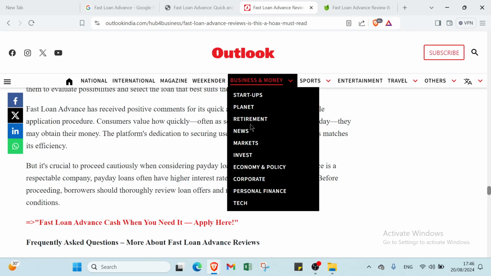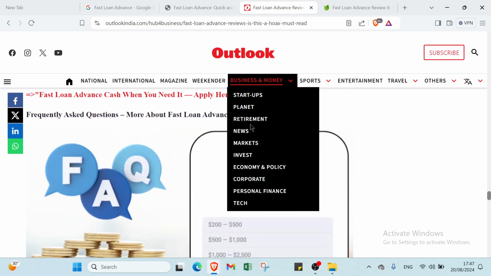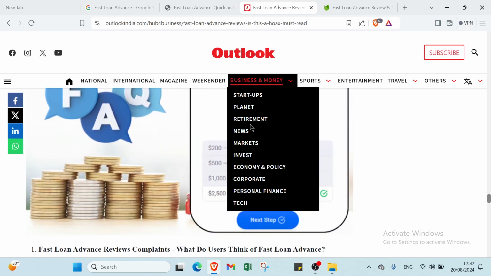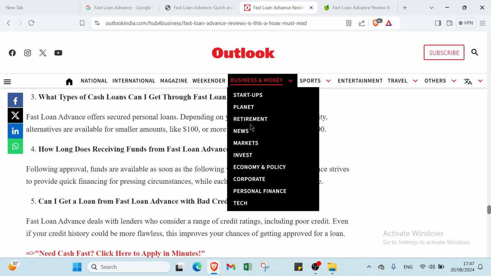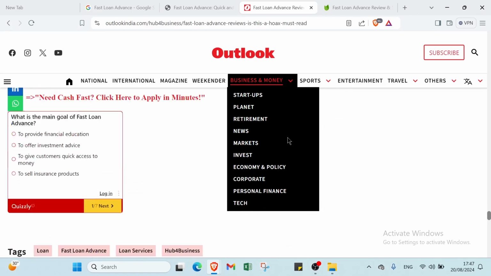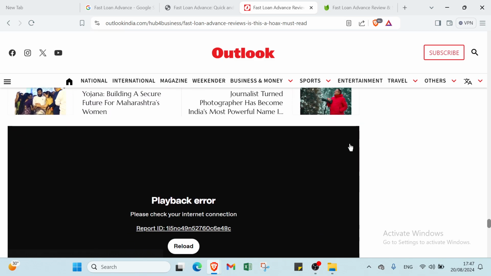Then we have convenience. Funds are typically deposited directly into your bank account, making it easy to access and use the money. Then we have credit building opportunities. If you make timely payments, it can positively impact your credit score, demonstrating responsible borrowing behavior. Then we have transparent terms.